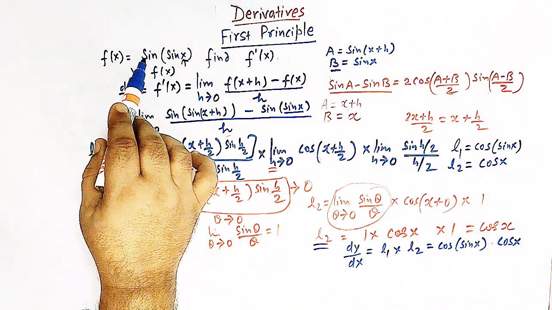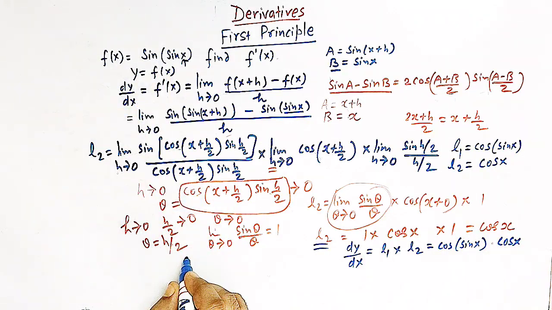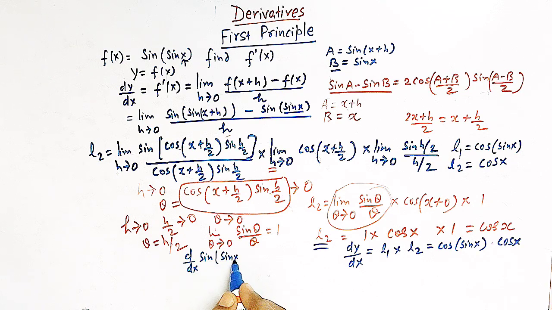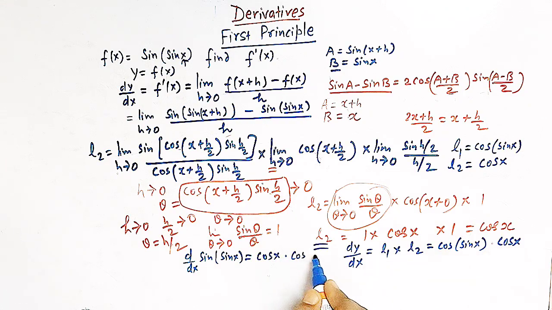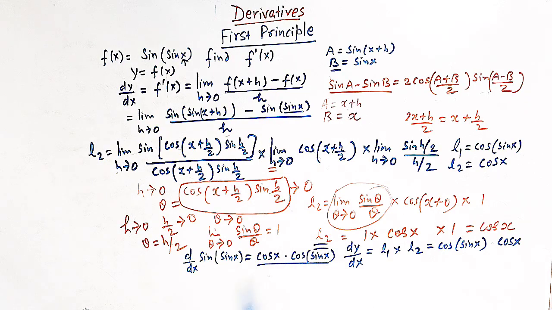So the derivative of this function, that is sine of sine x, is given by the expression, that is cos x times cos of sine x. So this is how, by making use of the concept of first principle, we can easily find out the derivatives of functions.